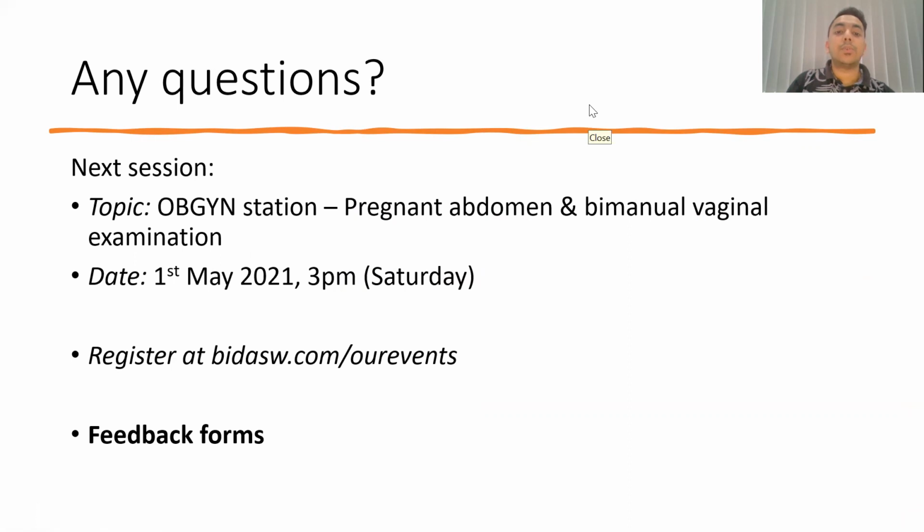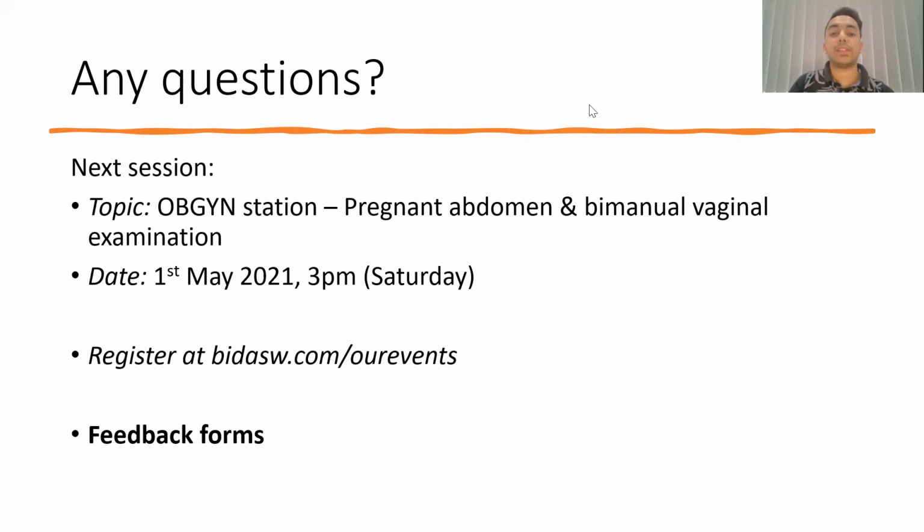Okay, so guarding is just an important point. Guarding is voluntary, whereas rigidity is involuntary, and guarding can be reduced by analgesia. Okay, so this is an important point that Mr. B had mentioned before. So just when you're palpating the abdomen, make sure if there is rigidity or guarding.